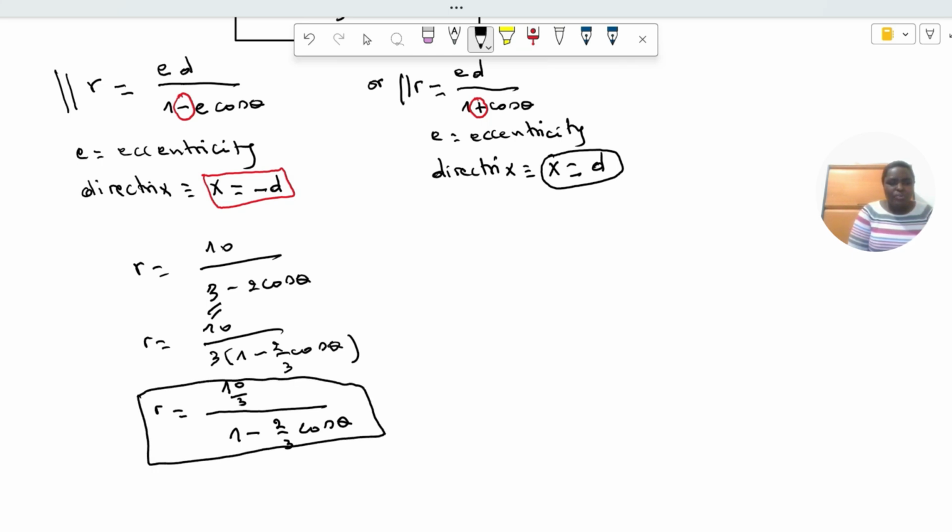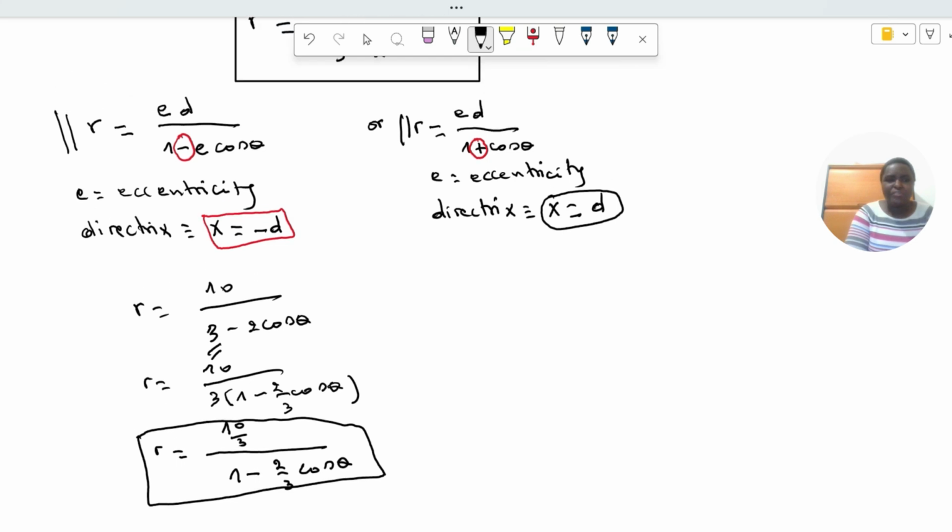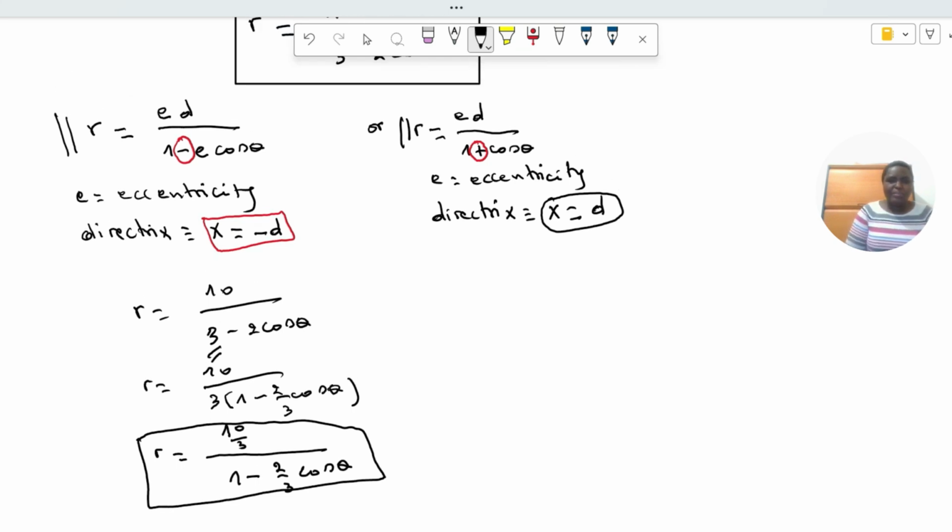And with this form, if we compare what we are getting with the general form up here, we can deduce that the eccentricity E is equal to 2 over 3.